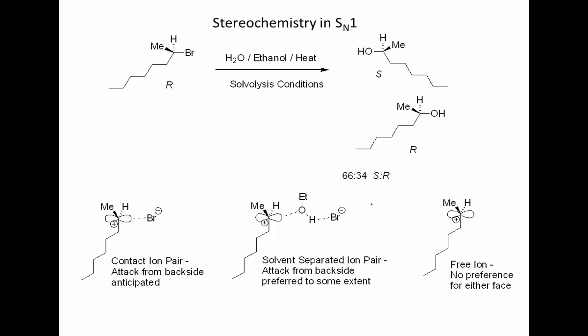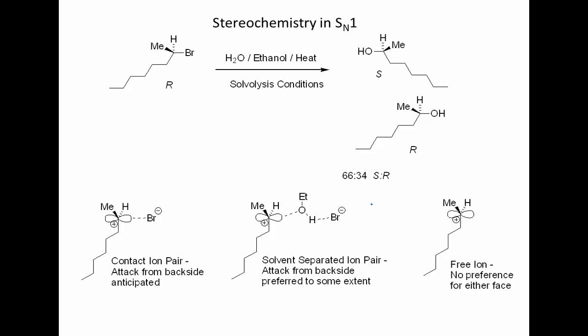And what we find here is that we get a mixture of S and R, but it's not 1-to-1. It's something like 2-to-1. It's going with mostly racemization, but there's inversion occurring to some extent as well, and this occurs due to the degree of ionicity of the carbocation.